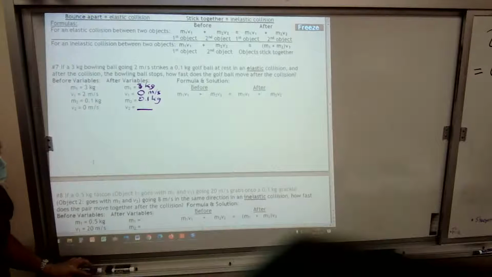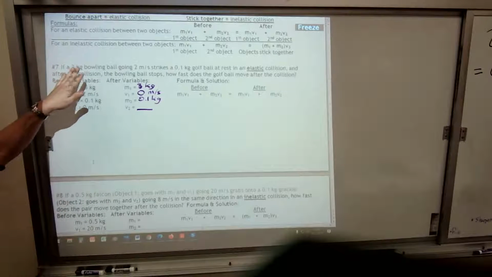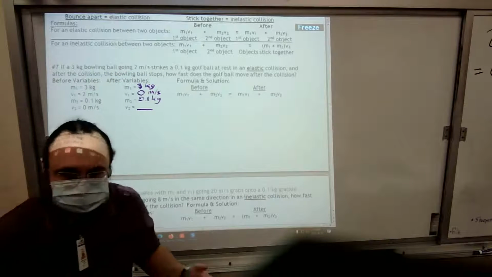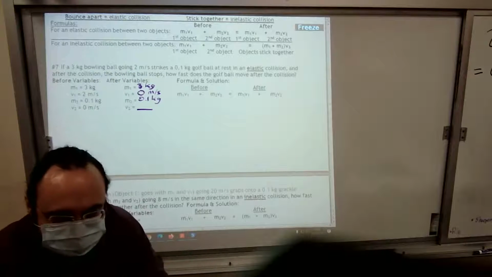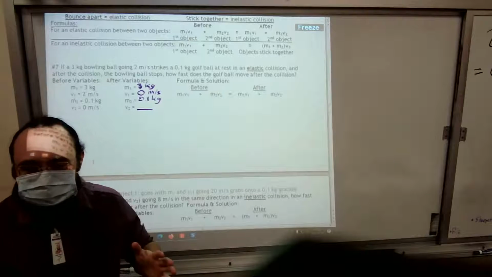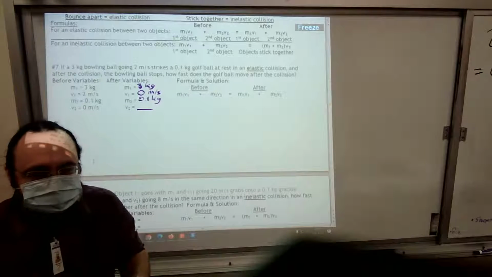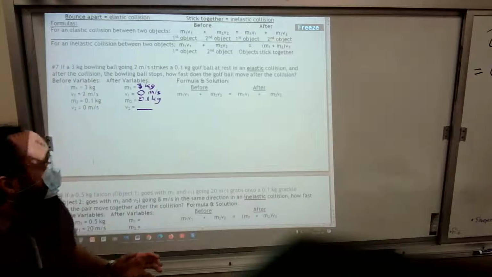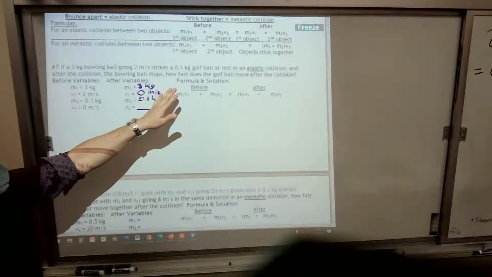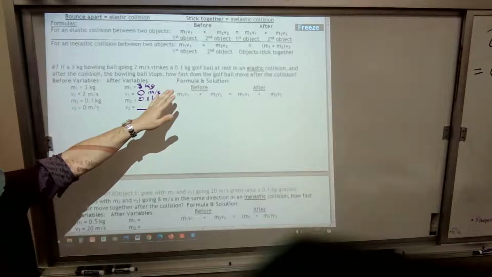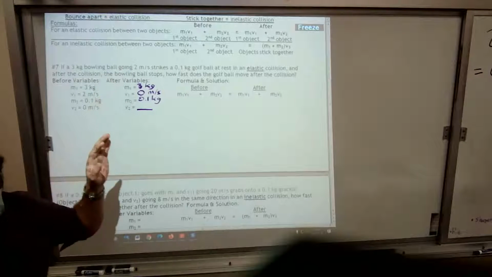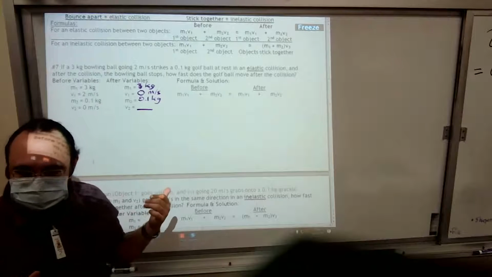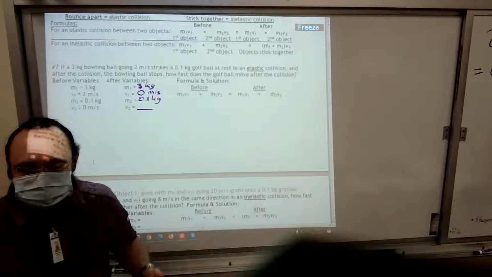And I know it's going to move pretty fast because thinking about what's happening here, it's got a 3 kilogram bowling ball going 2 meters per second. If you were trying to catch that, if it was rolling on the floor and you try to stop it, you probably want to use both hands. And you definitely feel it when it hits your hands because it's a bowling ball. For that golf ball to be as difficult to stop as that bowling ball would be, the golf ball was going to have to go real fast.